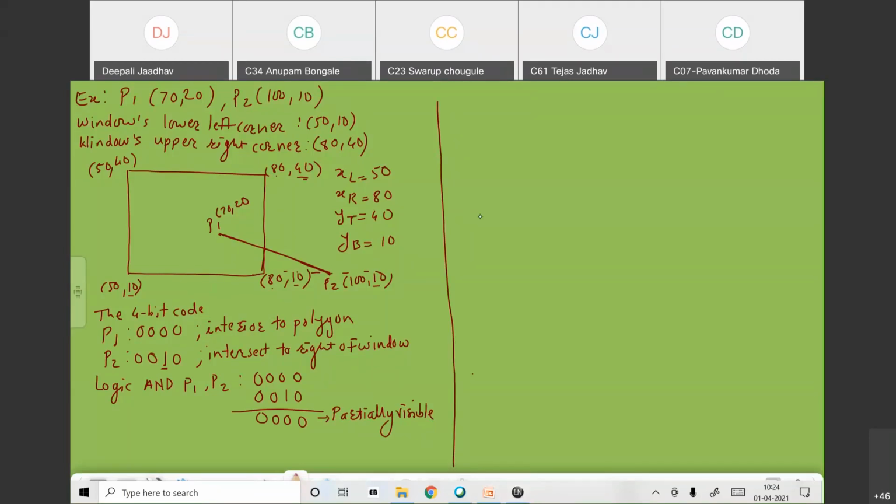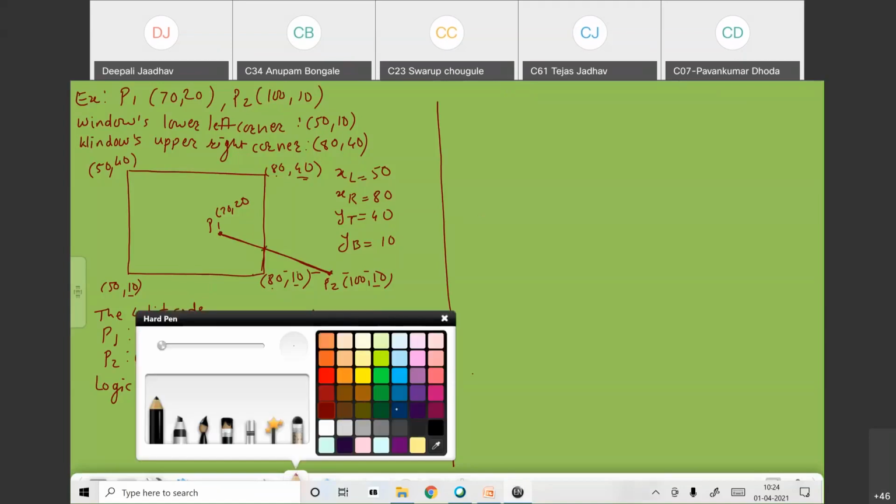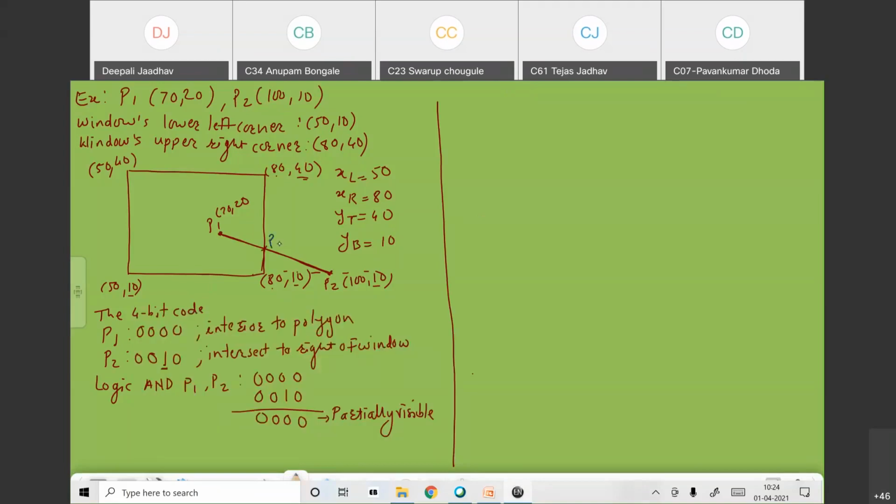As this line is partially visible, we know that point P1 is interior to the window. So we have to find the intersection for P2, and we call that intersection P2 dash, or you can call it P3, anyone.